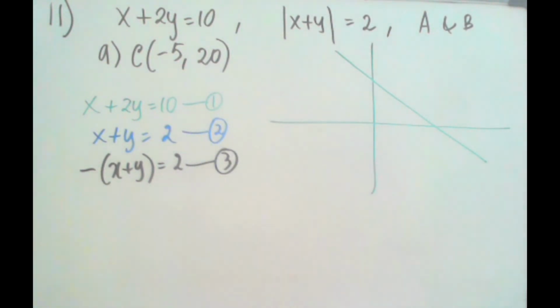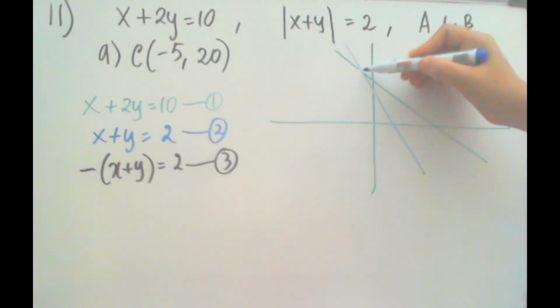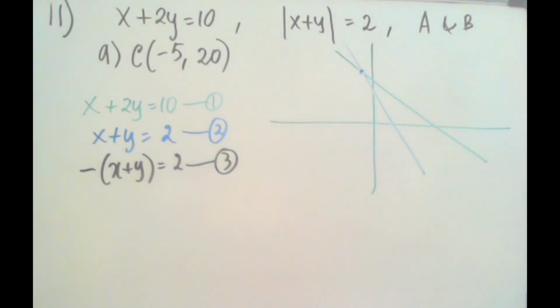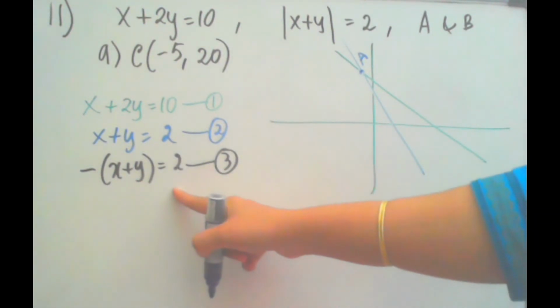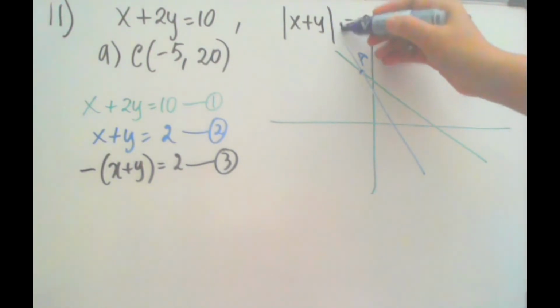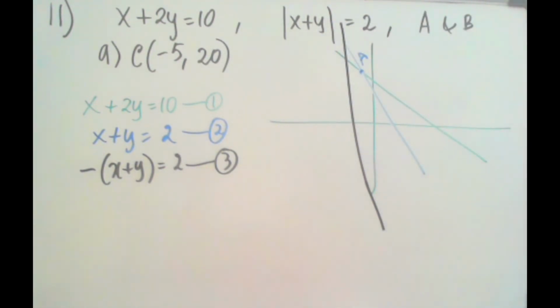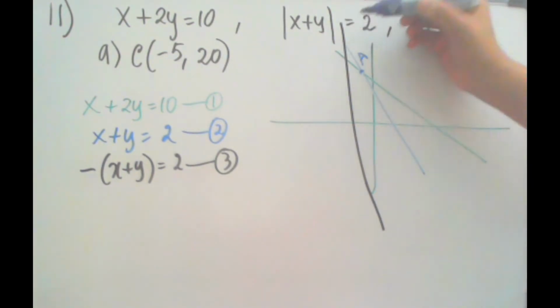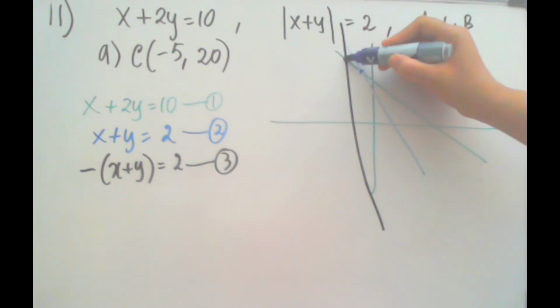So there are 3 lines cutting each other. The first line is this one. Okay, the second line, the blue line, will be somewhere like this. So there are 2 meeting here. Let's call this point as A. Okay, and the third line, minus of x plus y equal to 2, it is somewhere like this. Okay, so it cuts the original line at point B.